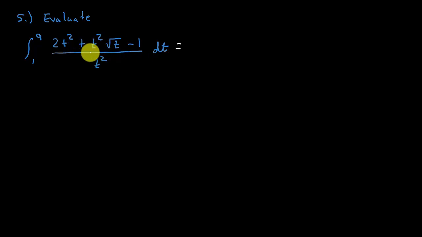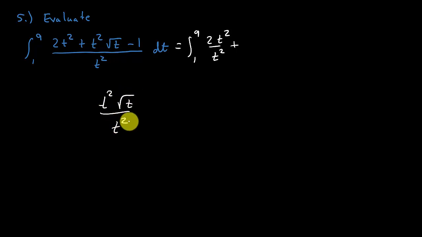Well, this one, I could split this up into 2t squared over t squared plus, now let's look at this one. This is t squared times the square root of t. So if I write that, I have t squared times the square root of t over t squared.